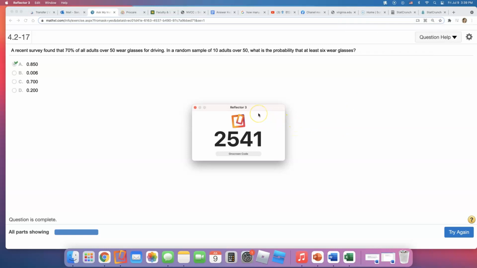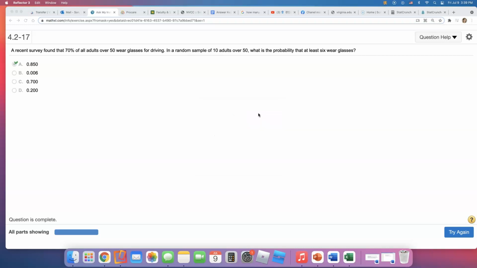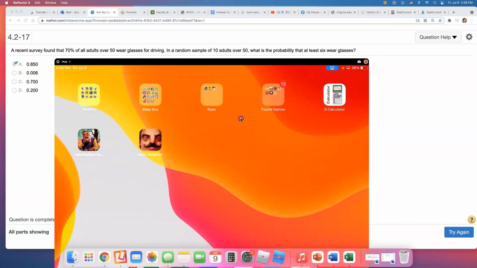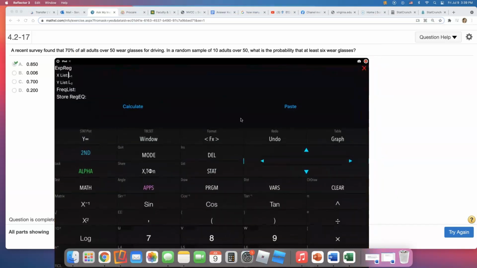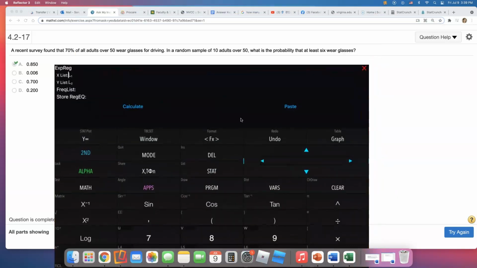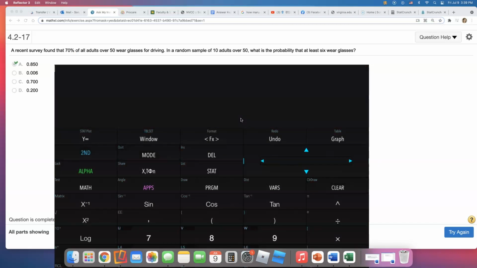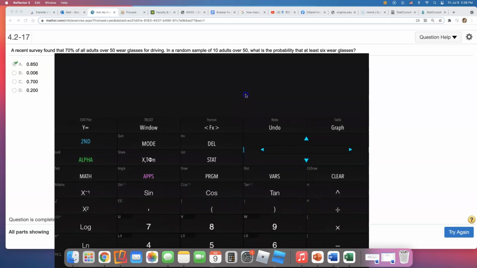This calculator that I found on the app store looks a lot like the TI-83 or 84. The goal is to do binomial distribution. So if you see the word right here, it says DIST. We want to open up this distribution, and we want to open up the binomial distribution.